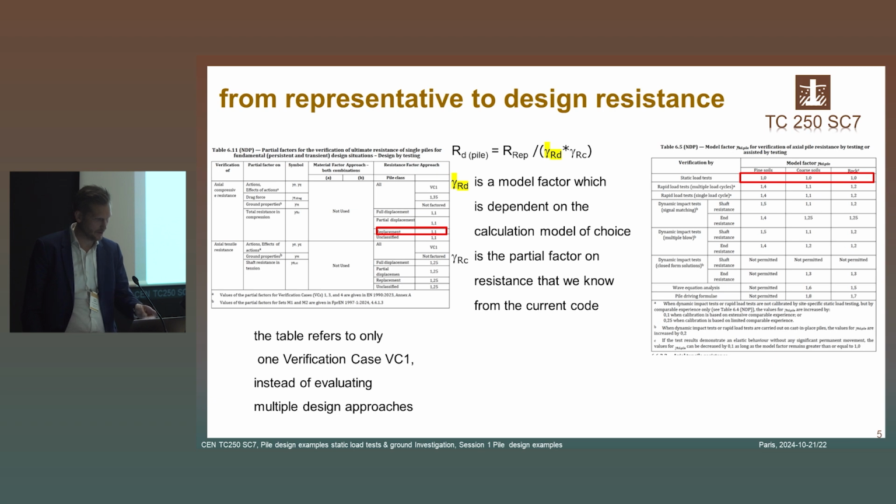And as you can see, there's only one verification case, of which I will show you the impact, and that's mostly the impact of what you all have to do in order to come to a conclusion on bearing capacity, if it's sufficient or not.